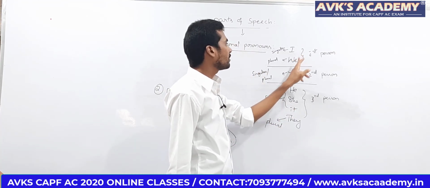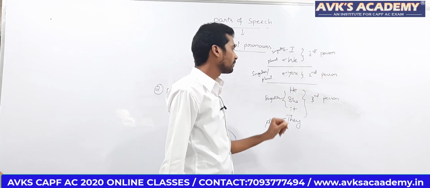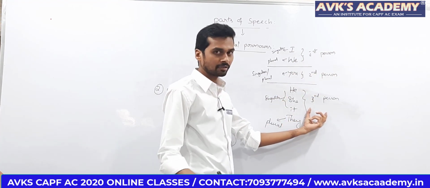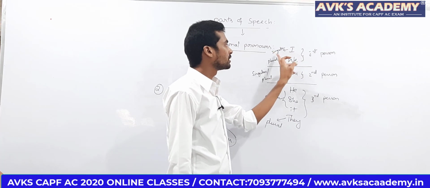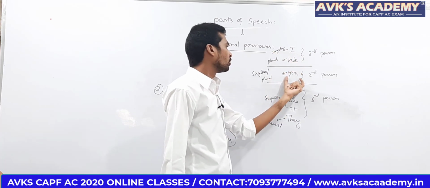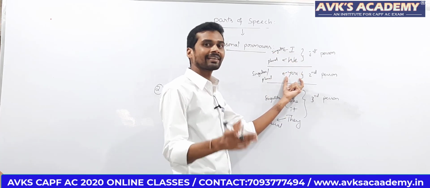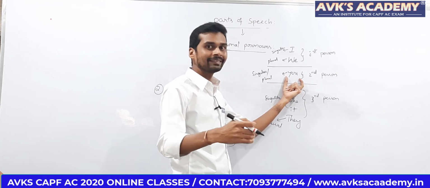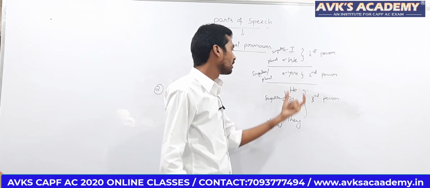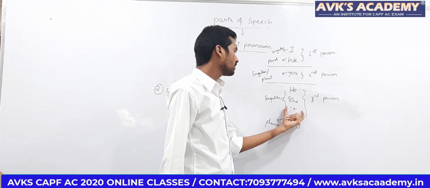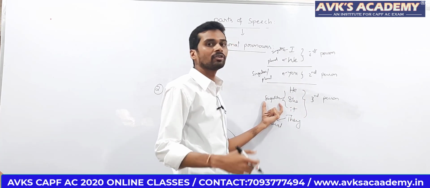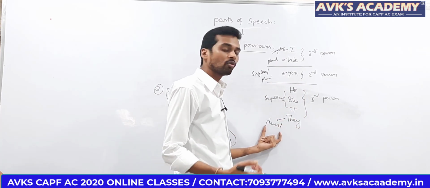First, I and we are called first person, you is called second person, he, she, it, they are third person, that you remember. And apart from that, I is singular, and we is plural. You is used in both cases, singular and plural. He, she, it are used in the singular case, and they is used in what? Plural case.